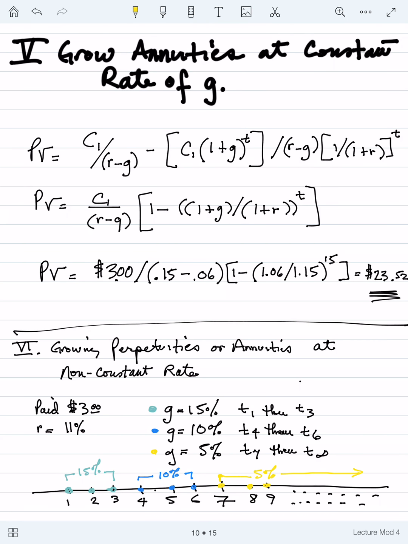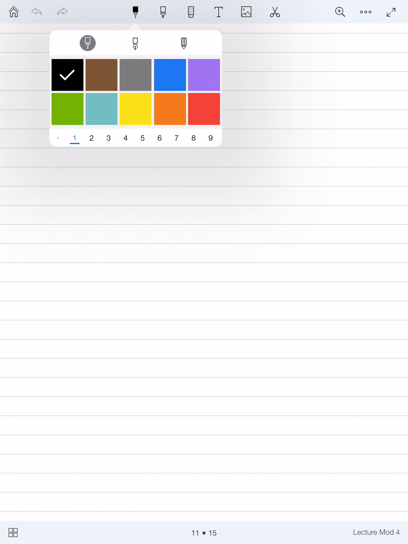So that is not too tough. Once you get that good picture in your mind, you can set up your sequence of present values. You run a present value for time periods 1 to 3. It paid $3 and grows at 15% across each time period, with an 11% required rate of return. So you got that piece.